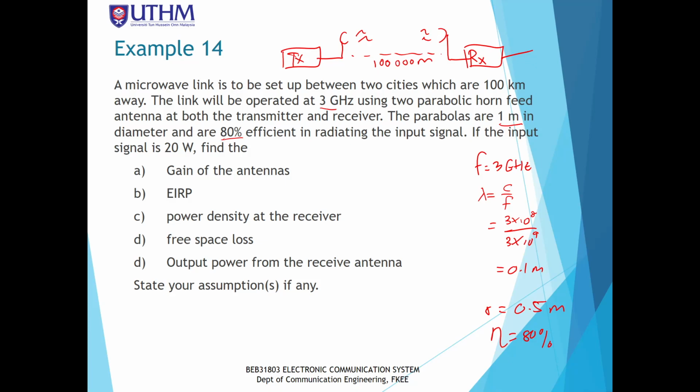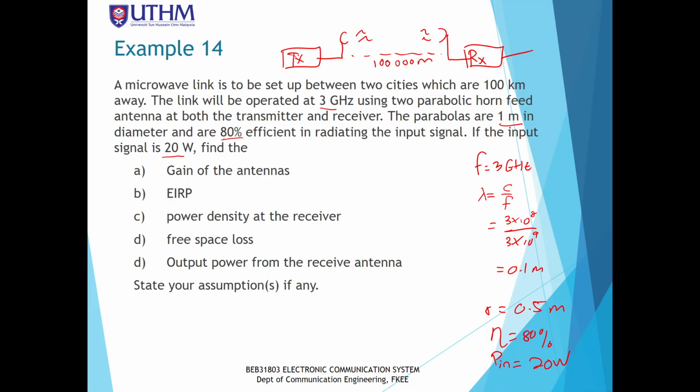If the input signal is 20 watt, that means P input is equal to 20 watt. Find the gain of the antennas.